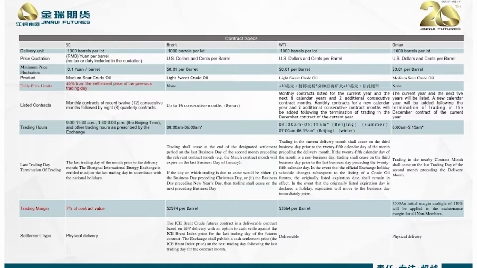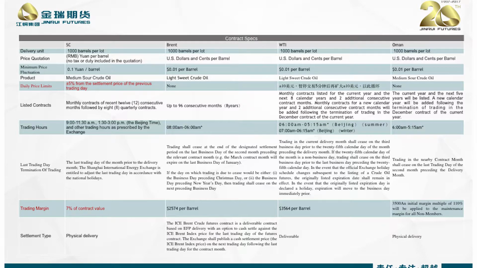After years of preparation, China's crude oil futures was finally launched in Shanghai International Energy Exchange on 26 March. The crude oil futures is designed as an international platform with net price trading, bonded delivery and RMB denomination.